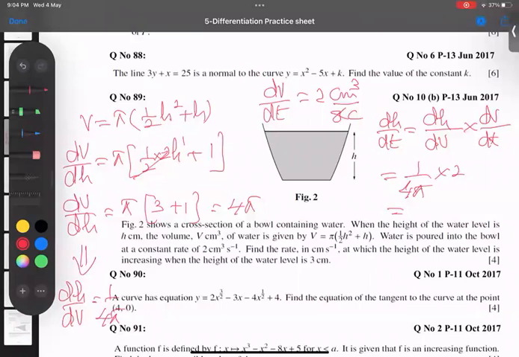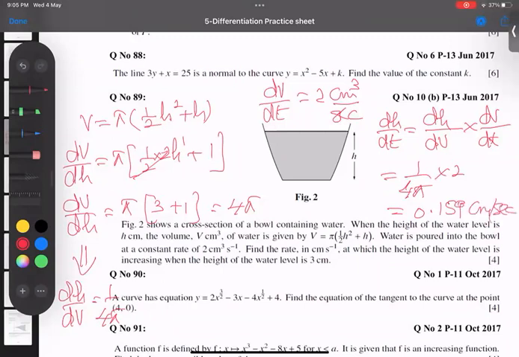So Alhamdulillahi Rabbil Alameen, I got 1 divided by 2 pi, and the answer is 0.159 centimeter per second.